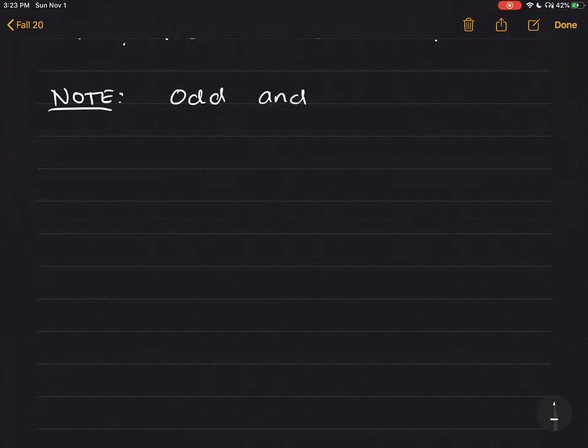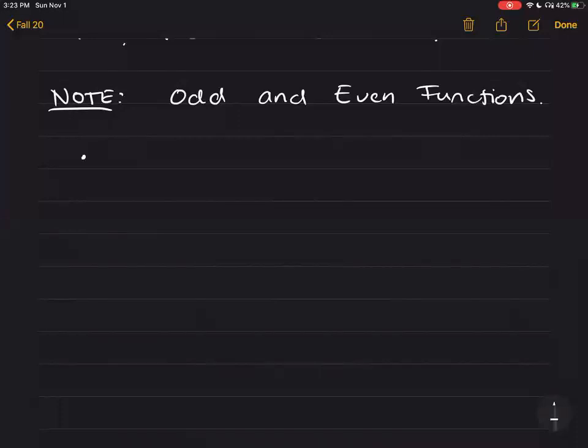Okay, so one last note before we wrap up today. We're going to do a note on odd and even functions. But what do I mean by an odd and an even function?